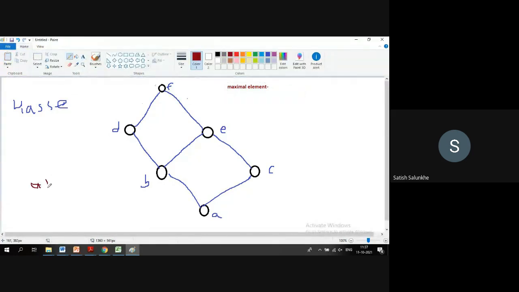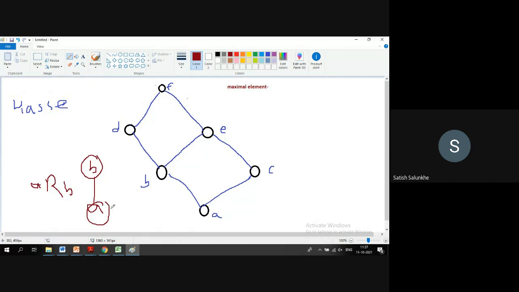A is related with B when you say A is here and B is here. Okay? So this way we say A is related with B. So now tell me, what is the maximal element in this case?